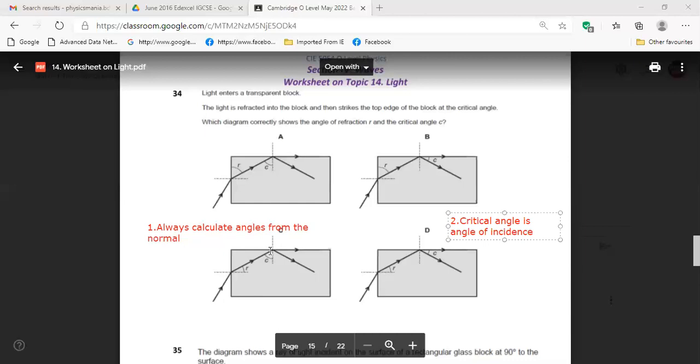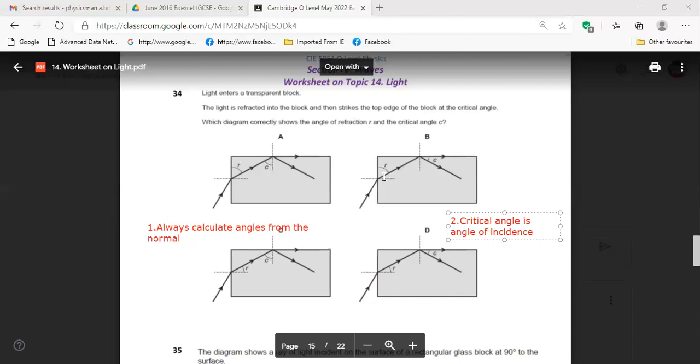Yes, sir. And here you see the angle is calculated from the normal, the angle of refraction. And also here we are getting the critical angle from the normal. But here the critical angle is okay in A, but the angle of refraction is wrongly labeled in A. Is it clear?